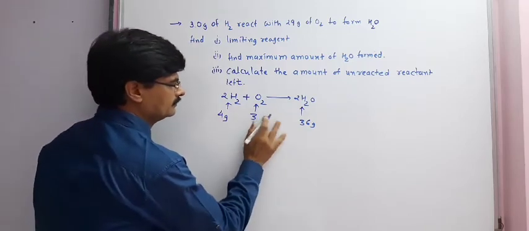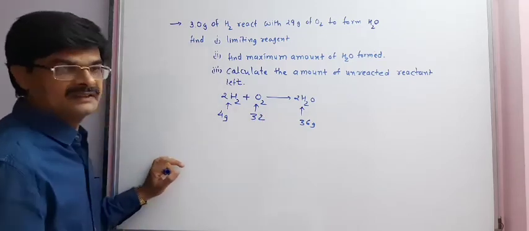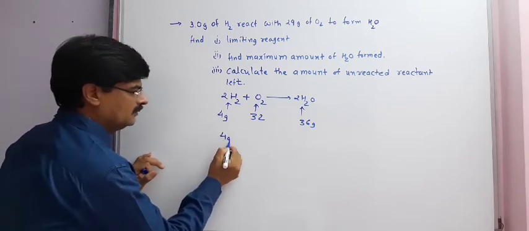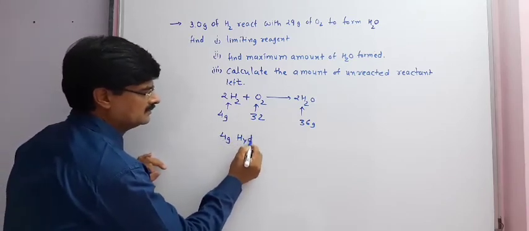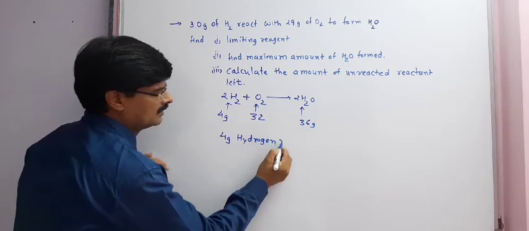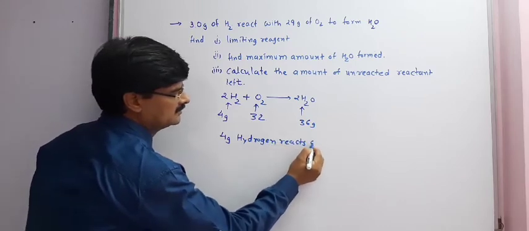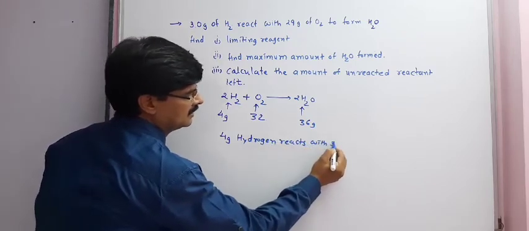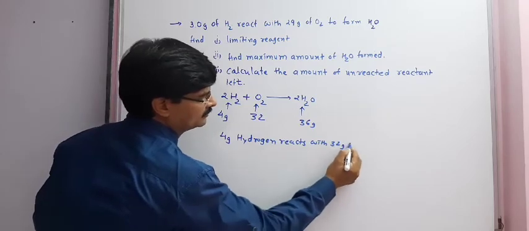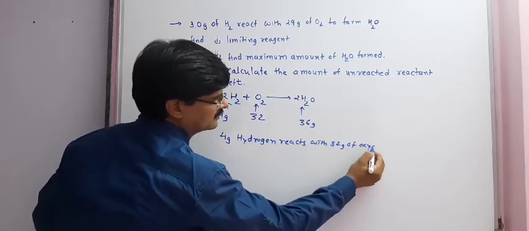Therefore, we can say 4 gram hydrogen reacts with 32 gram of oxygen.